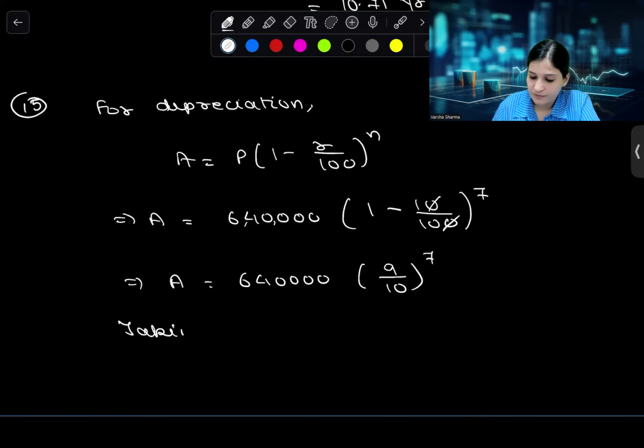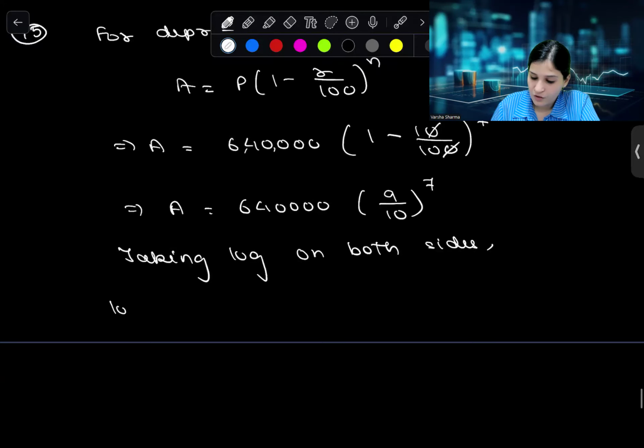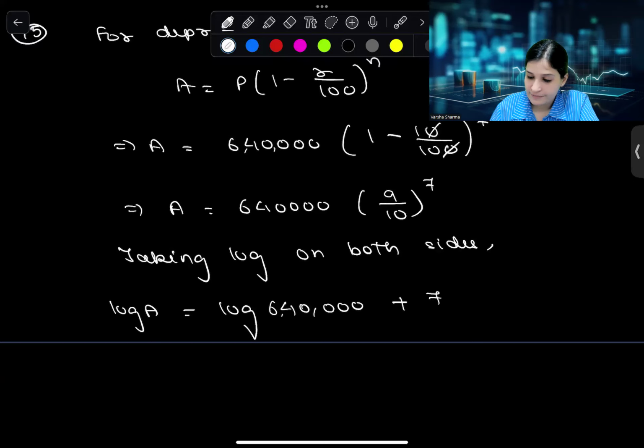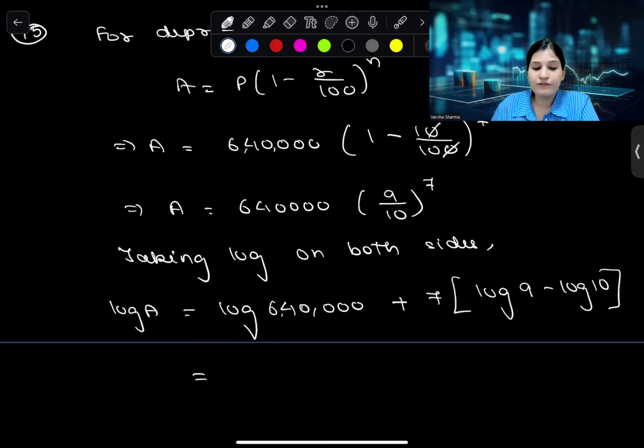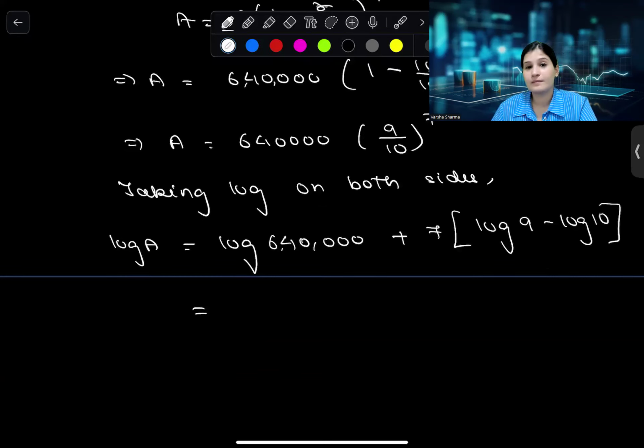Taking log on both sides. Log A equals log 6,40,000 plus 7 times log 9 minus log 10. Log 6,40,000 will be 5.8062. Very good.